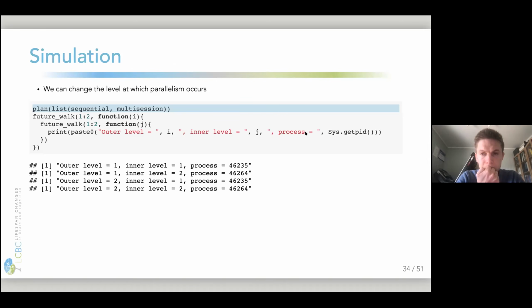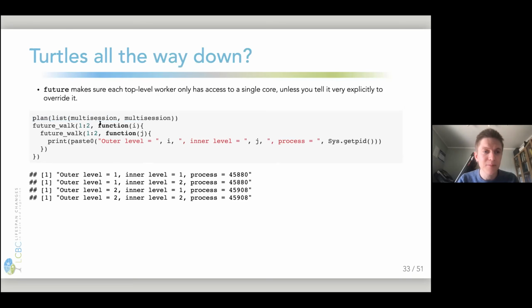The major issue is not that it won't work. It will try to work, and most likely you will just completely overpower your computer by using a lot of memory or CPU, more than you actually can. You will have a lot of orphan processes left behind and so on. My point is that future does not allow this problem to happen. Even in this case where I really tried, I said multi-session, but still it doesn't allow it to happen.